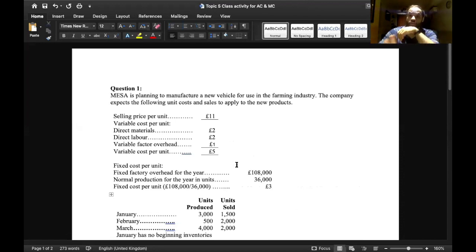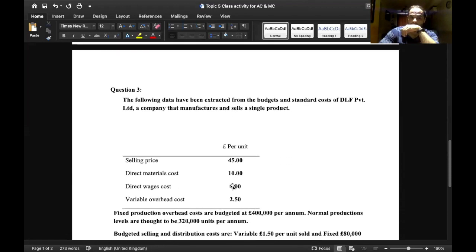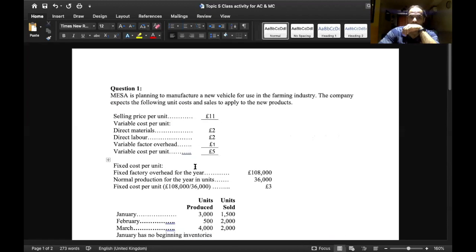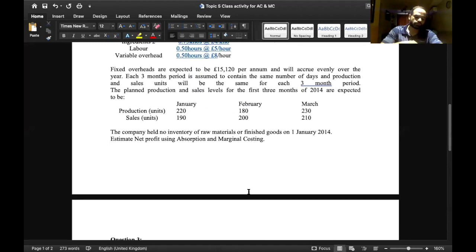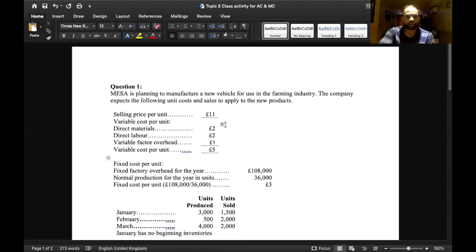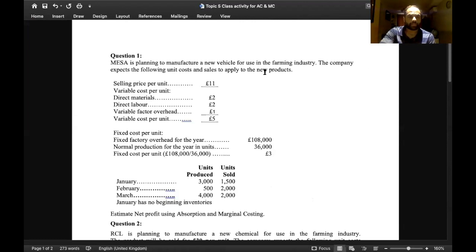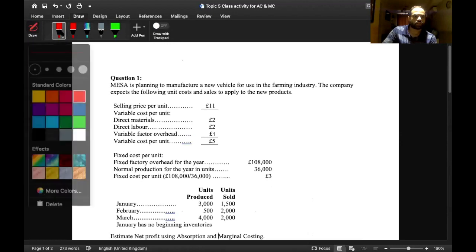And absorption costing for question 2 and absorption costing for question 3. And once I finish marginal costing, then you will do marginal costing for question 1, 2, and 3, all right? All right, so let's start with question 1. We do question 1 first, and then we calculate.